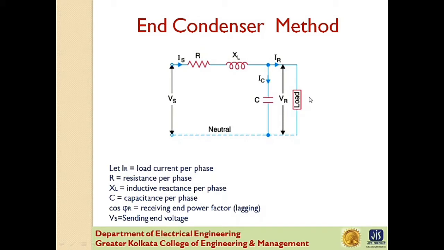One phase of the three-phase transmission line is shown in this picture, where IR is the load current, R is the resistance per phase, XL is the inductive reactance per phase, C is the capacitance per phase, cos phi R is the receiving end power factor, and Vs is the sending end voltage.